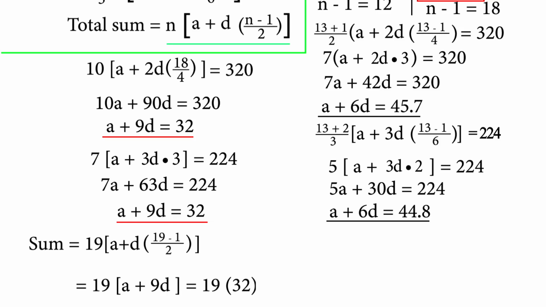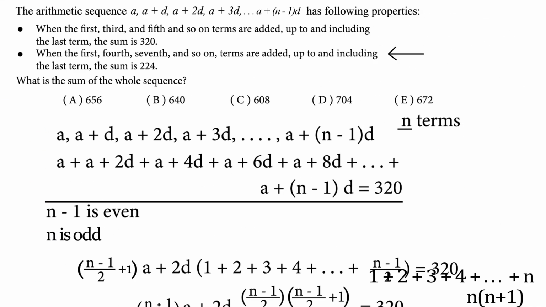Well, a plus 9d, we just figured out, was 32. So that's 19 times 32. And if you do that multiplication, you get 608. So there you go. That's the answer. The answer, therefore, to number 24 is 608, which is choice C.